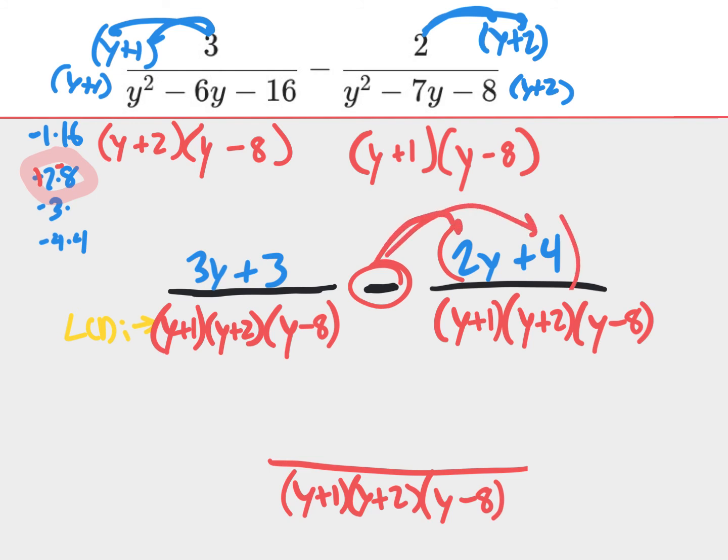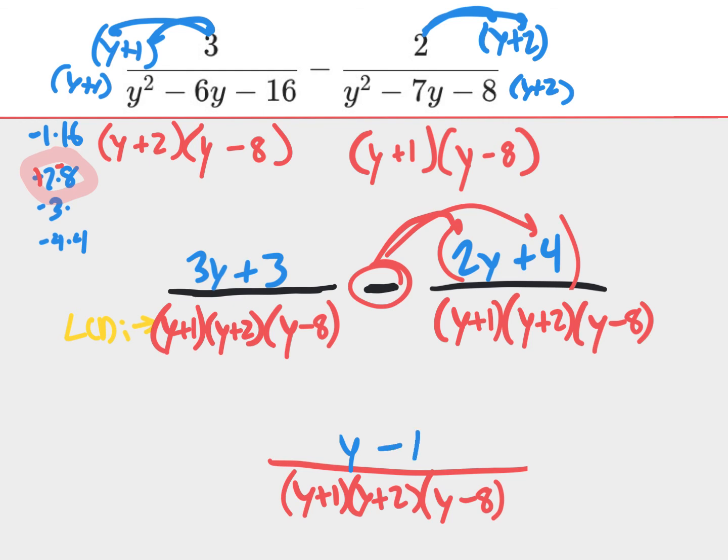So when you're combining y's, you have 3y take away 2y. What's 3y take away 2y? 1y. You don't even have to put the 1 if you don't want to. You could just put y. And then you have the positive 3 that when you distribute becomes a negative 4. What's 3 take away 4? It's negative 1.